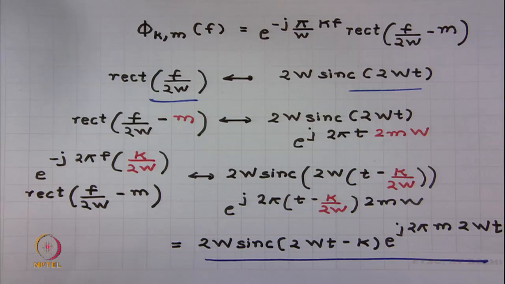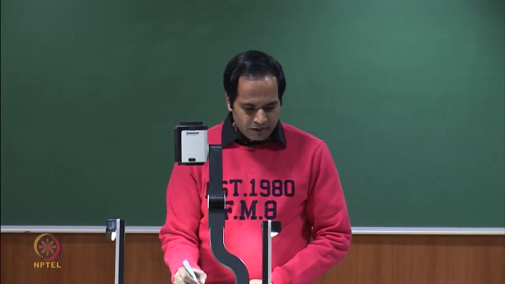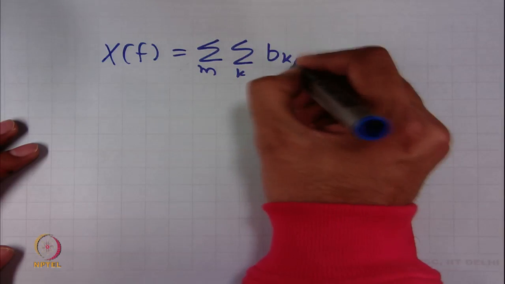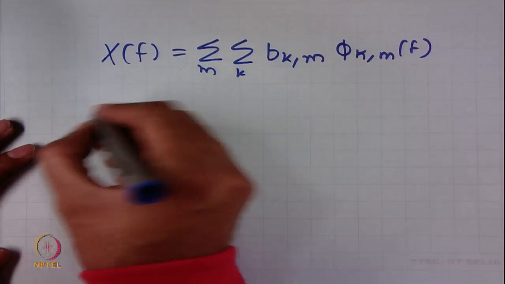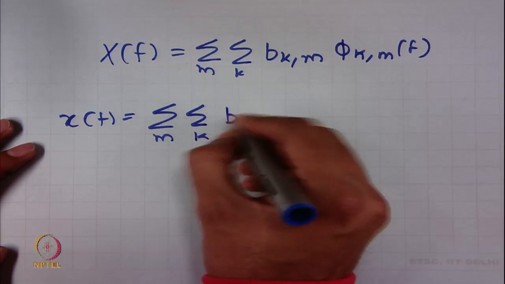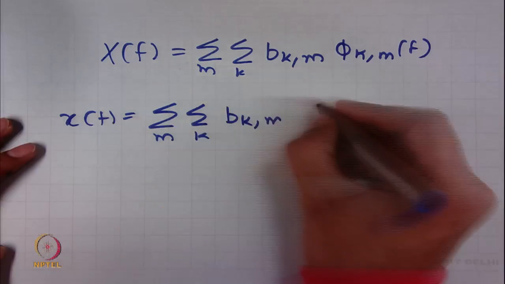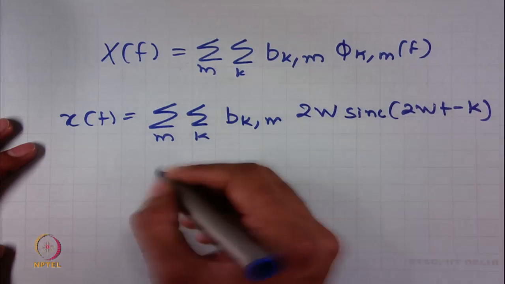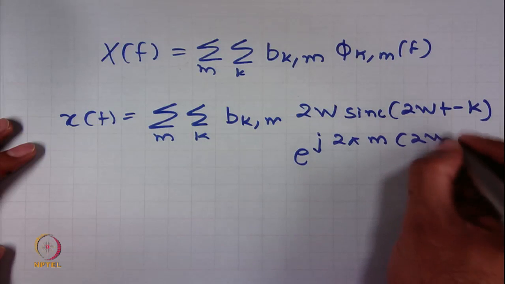So, we started with these functions, and we took the inverse Fourier transform of this, and we have obtained the inverse Fourier transform of these orthogonal functions as 2W sinc(2W(t minus k)) multiplied by e to the power j 2 pi m 2W t.